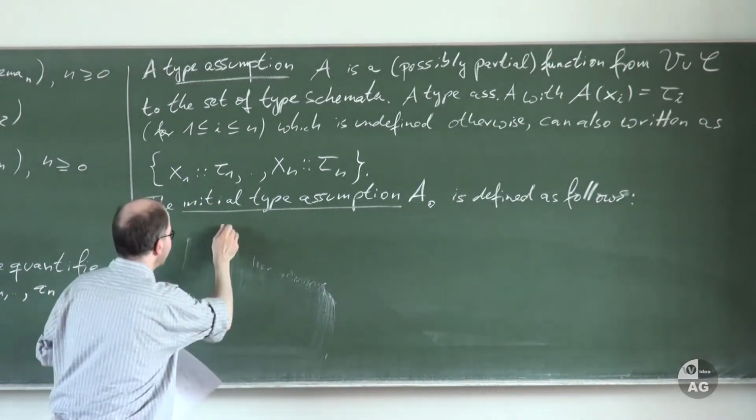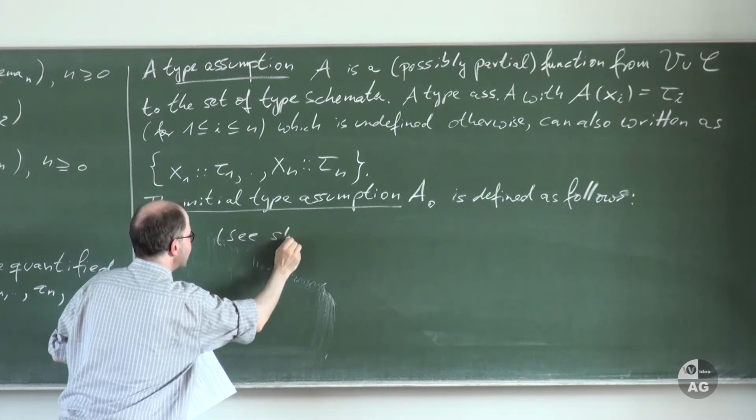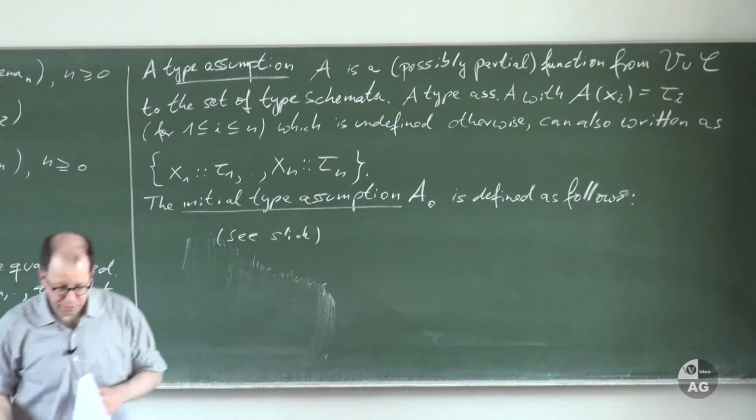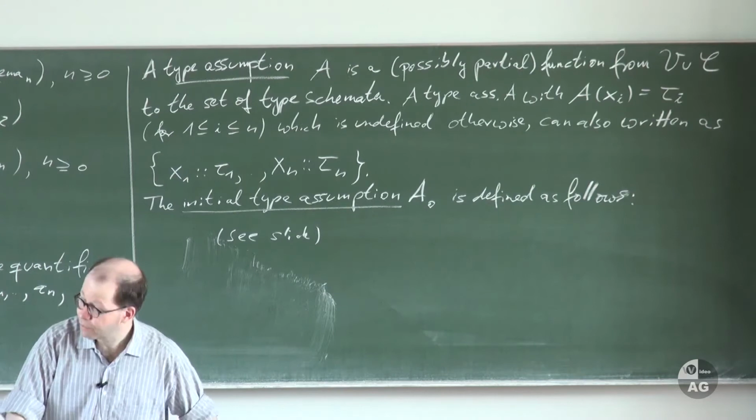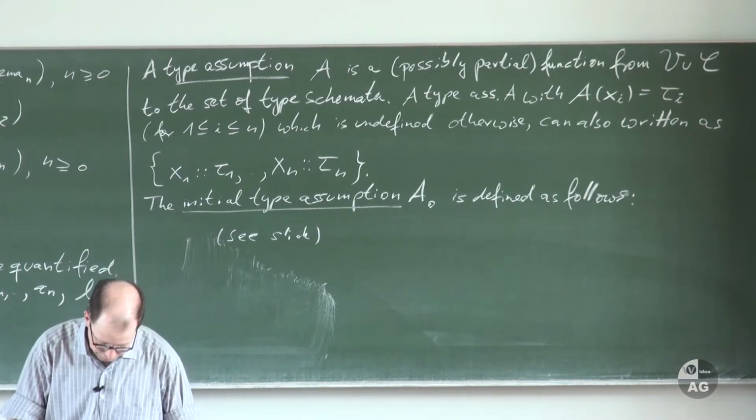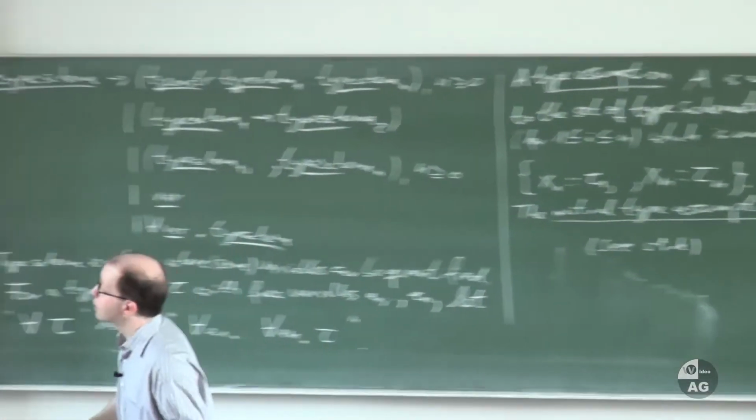And well, see slide. I don't want to write this all down now, but instead I brought a slide where I wrote it down. So the initial type assumption, how is this defined? The purpose of this initial type assumption is to give us the types for predefined operations and variables.